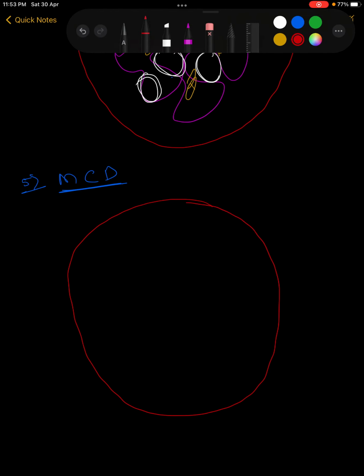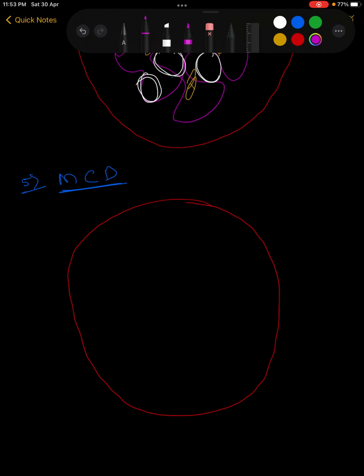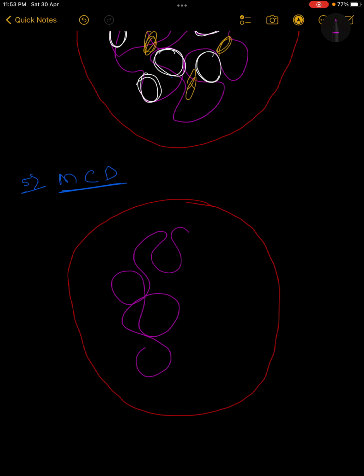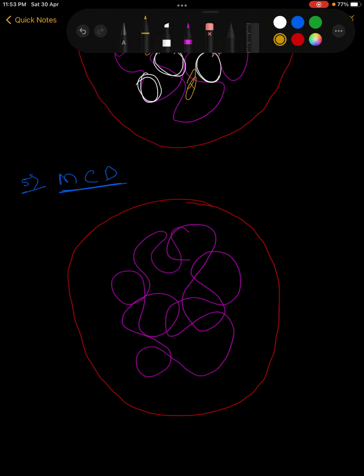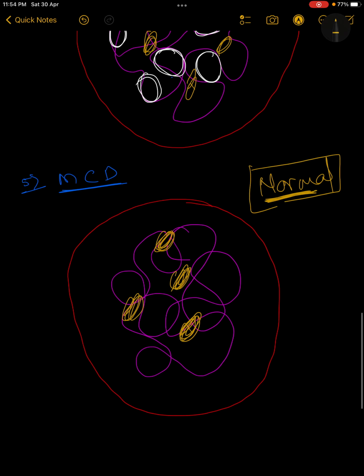So in light microscopy, basically you cannot find any changes, it is normal. Again, if you see this capillary tuft, and this mesangium, it looks perfectly normal, until or unless you go to electron microscopy. Otherwise it is perfectly normal.